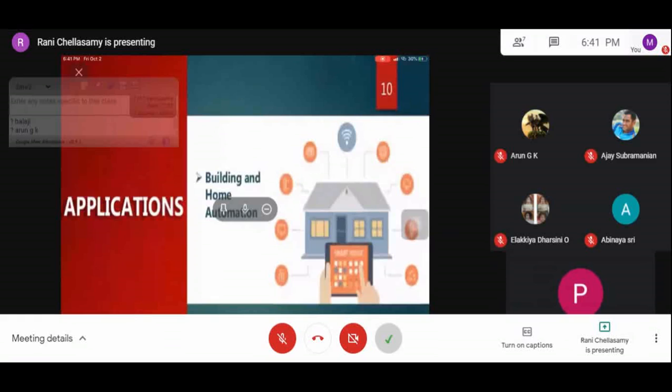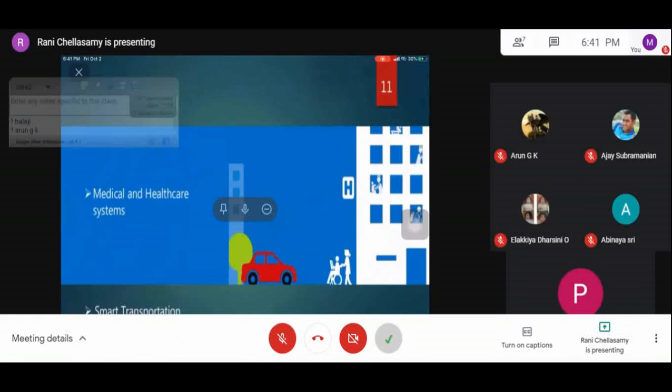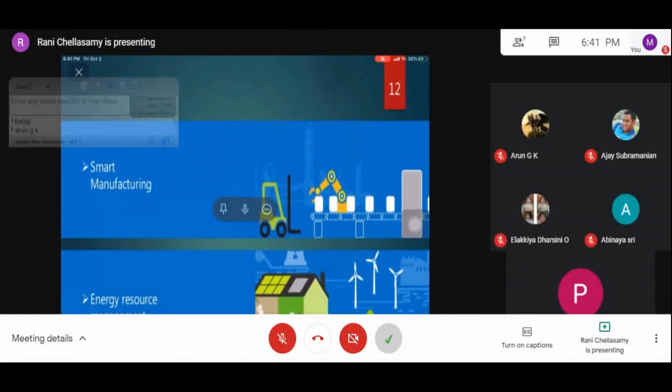All these can be monitored or controlled with IoT. Whatever appliances you have in your home can be controlled and automated with the help of IoT. And you can also have smart transportation, and medical and healthcare systems that are IoT based, smart manufacturing, and energy resource management.